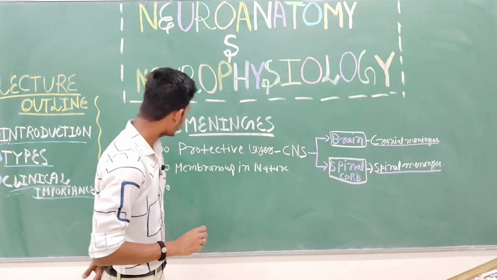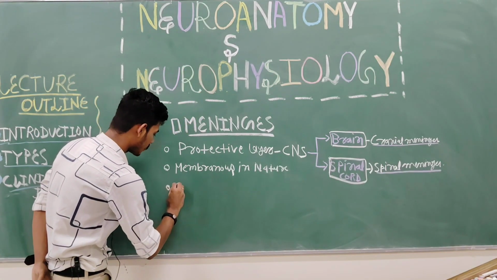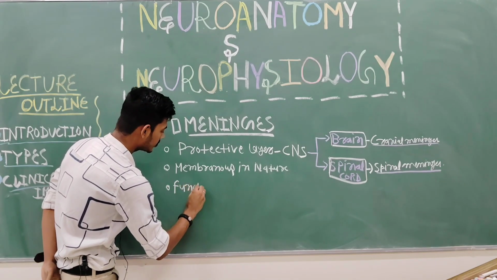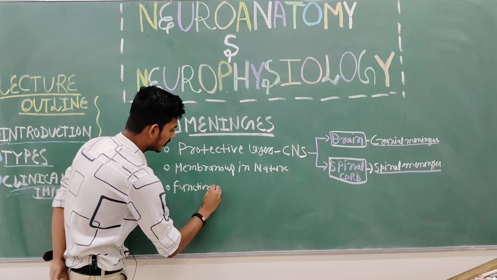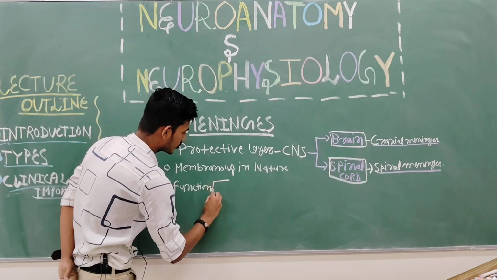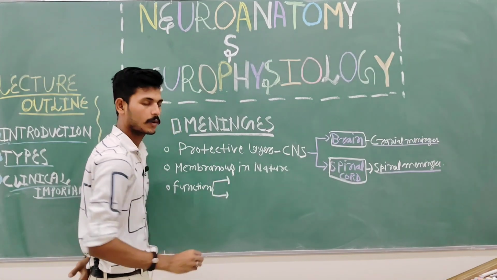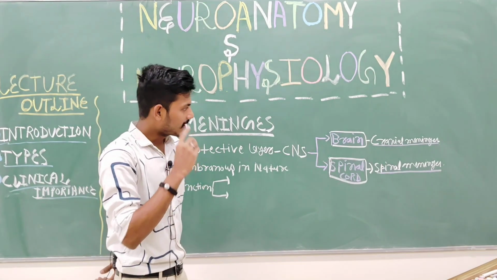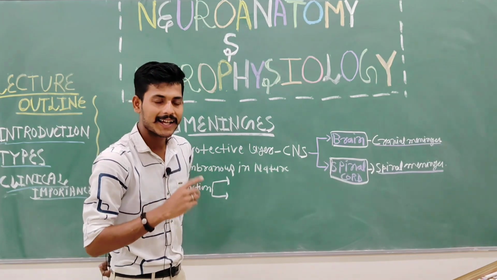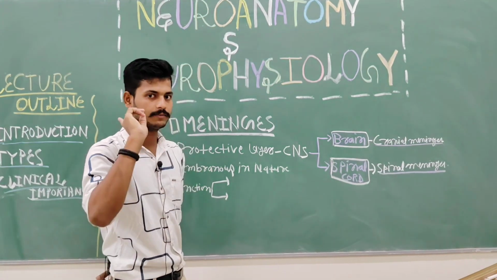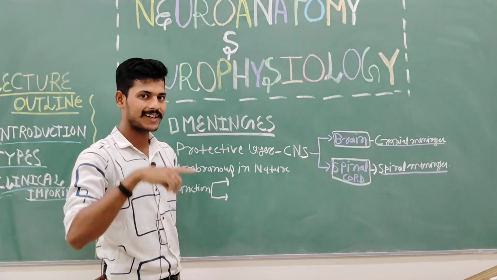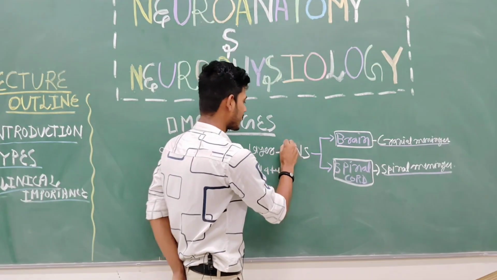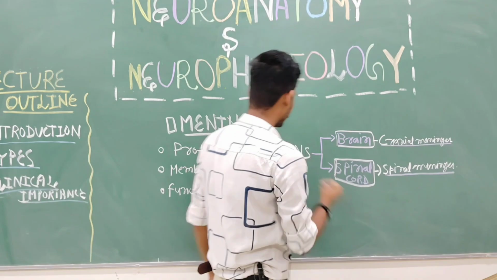Now, if we talk about the function of these meninges, their function is to protect, or you can say channelize the function of brain and spinal cord smoothly. First one is to protect the brain and spinal cord, that's your entire central nervous system.